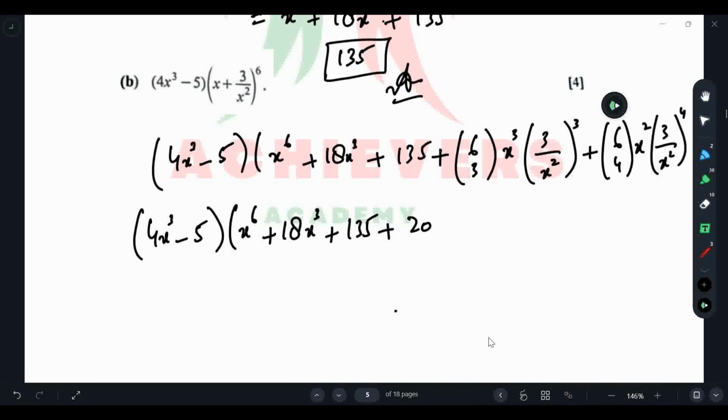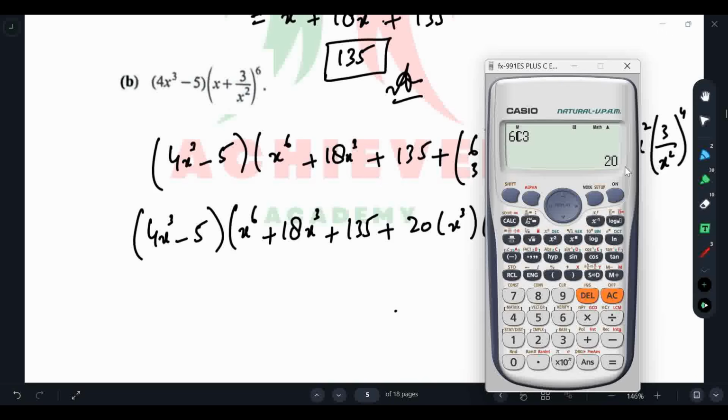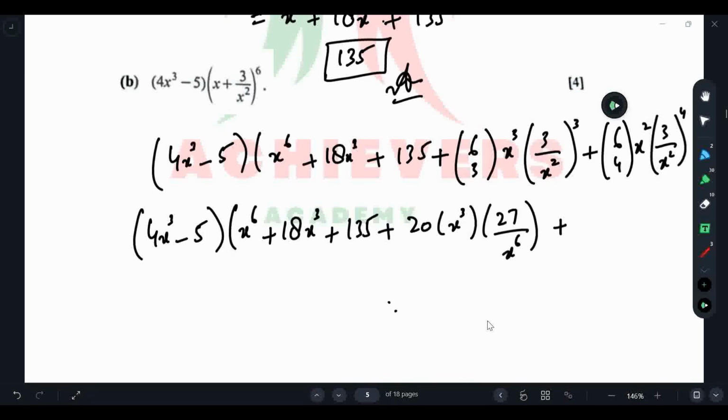So 20 into x cube into 3 cube means 27 by x power 6, plus 6c4. 6c4, this will be 15 again. So 15 x power 6, 3 power 4 divided by x power 8.